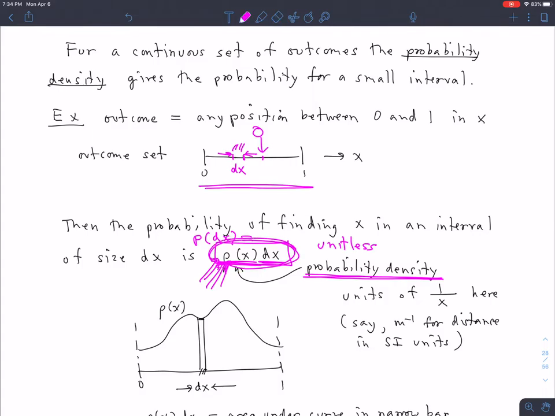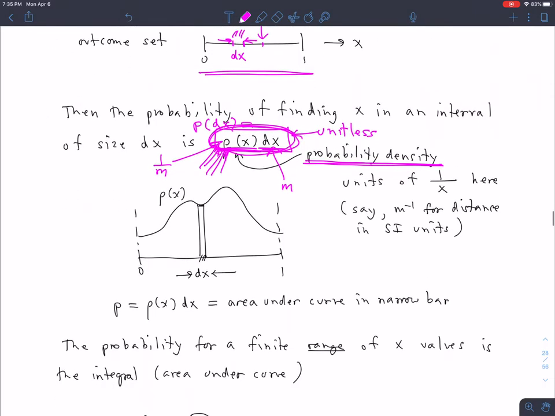So all of this has to be unitless. But this, for example, if that's distance, might have units of meters. That means in order to make the whole thing unitless, the probability density must have units of 1/meters, and therefore probability densities do have units. And sometimes that matters, and you got to be careful about that.